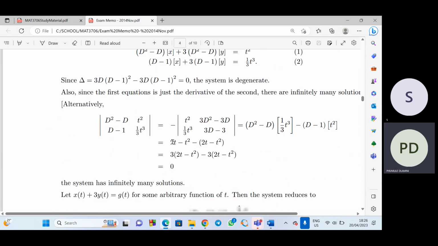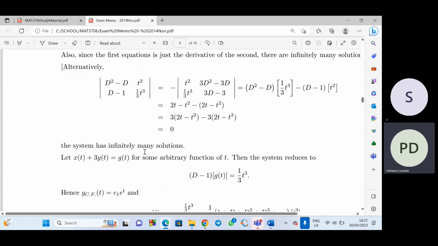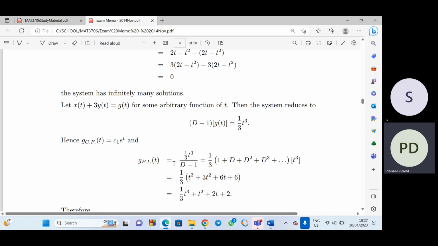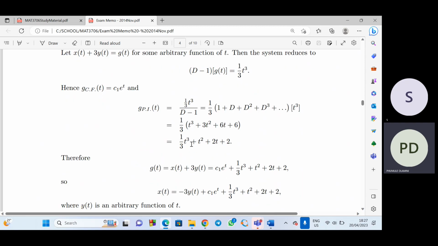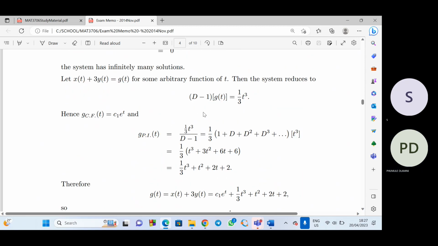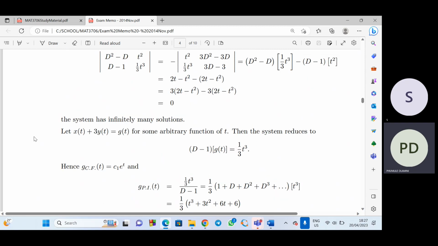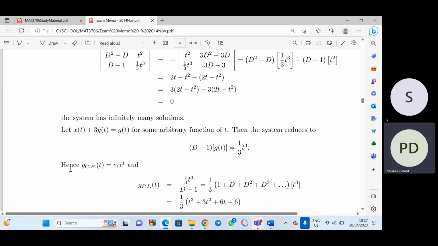Okay, as you can see, we got 0. It has many infinitesimal solutions. Then they got exactly, you see what I got there, 1 over 3 t. This one here, I'm not sure if it's the same solution. Yeah, x of t plus 3 y of t equals g of t, and minus g of t equals 1 over 3 t.